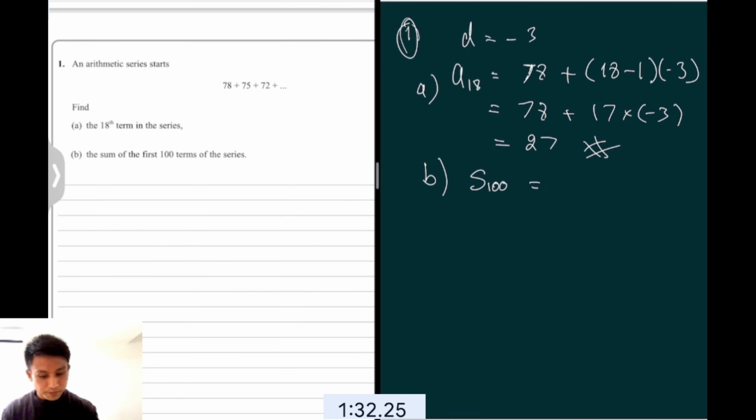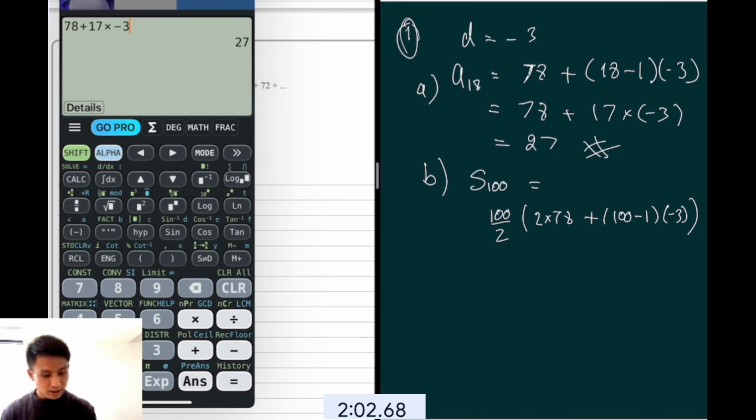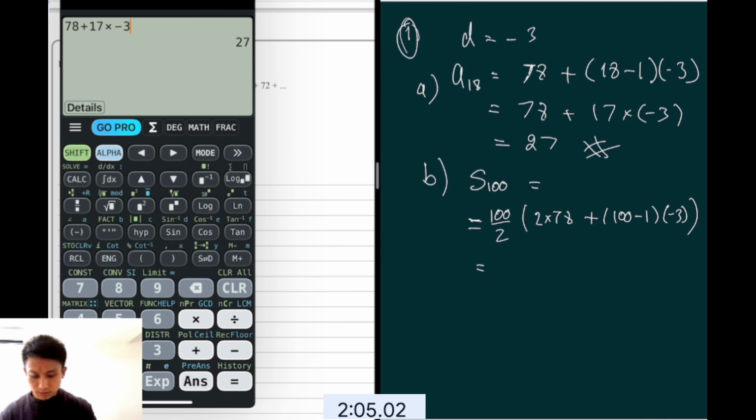So it is n over 2, if you look at the formula sheet, 2 times the first term, plus n, which is 100, minus 1 times the common difference again. Or you can use a plus l, but we don't know the last term. So we're just going to use that formula there, and then plug into the calculator.